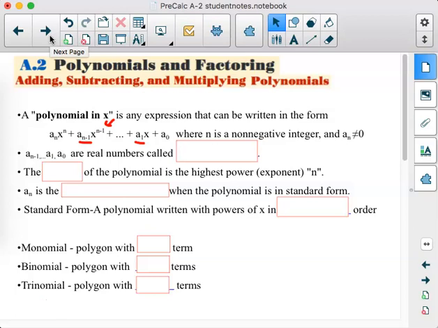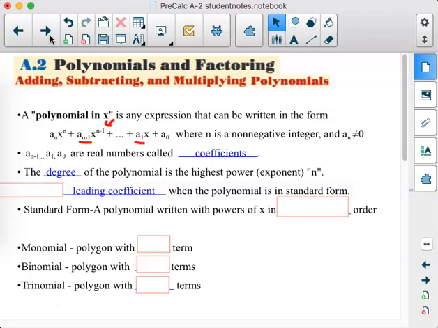n is a non-negative integer, so we don't have any negative powers, and a sub n is not equal to 0. A sub n minus 1, a sub 1, a sub 0 are real numbers, and those are called the coefficients, with a sub n, the one in the front, being called the leading coefficient. The degree of the polynomial is the highest power of the exponent, which, when it's in standard form, will be the very first exponent that we see.